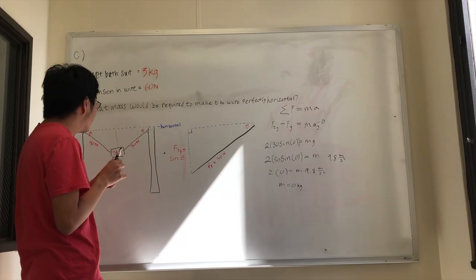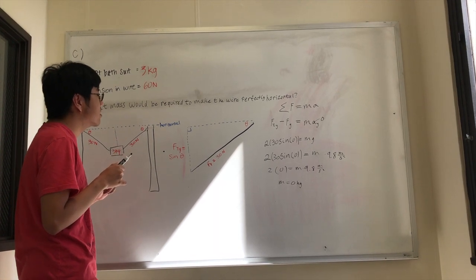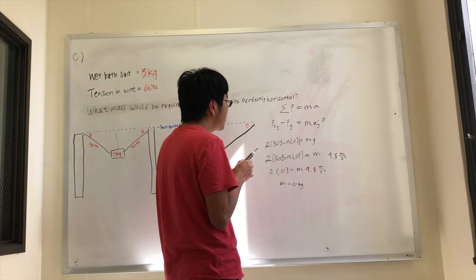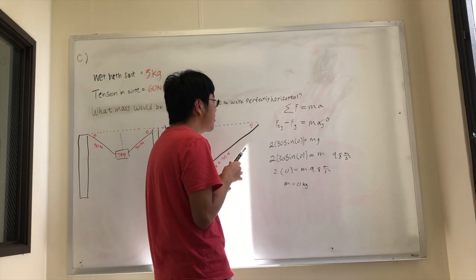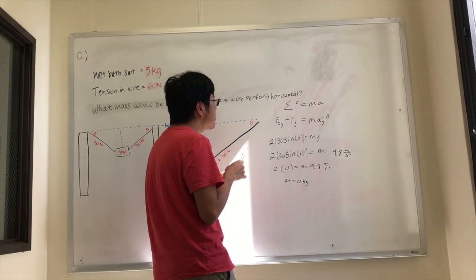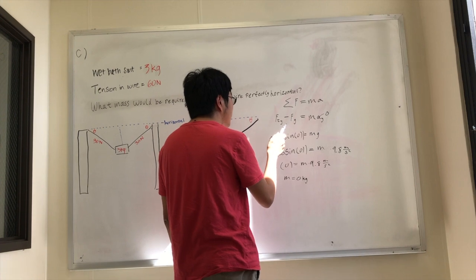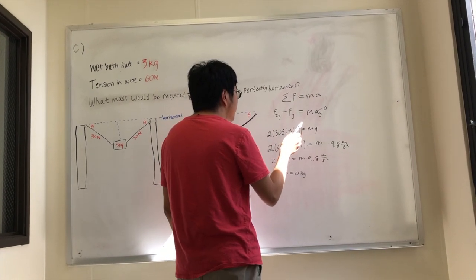So part C of this problem wants to know what mass would be required to make the wire perfectly horizontal. In this part of the problem, we can use the same equation and values from part B. So using F equals ma, and subsequently Fty minus Fg equals may.